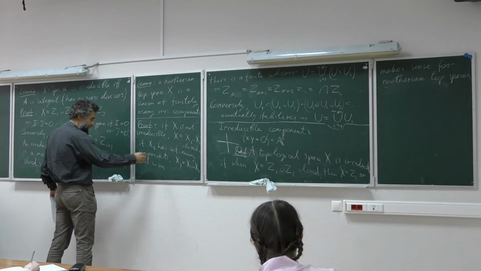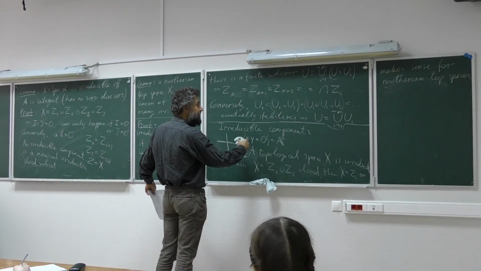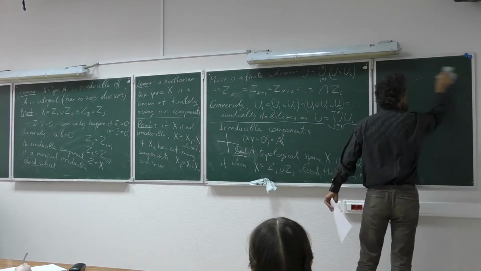And it means that we have an infinite descending chain of closed subspaces, right?